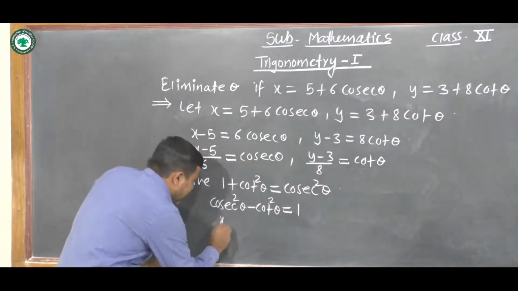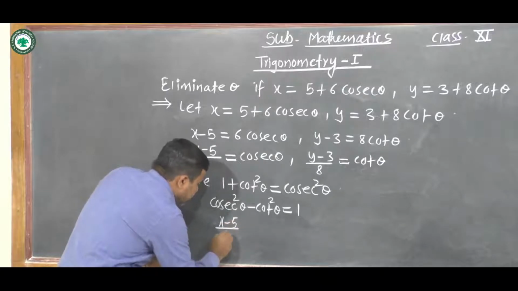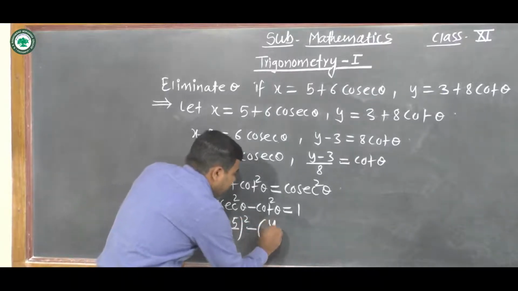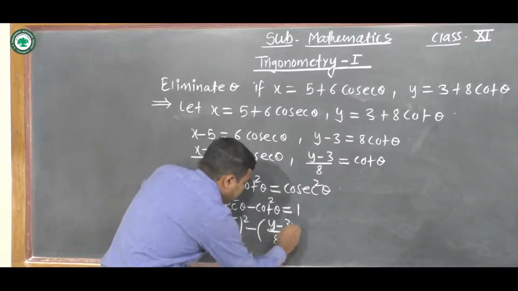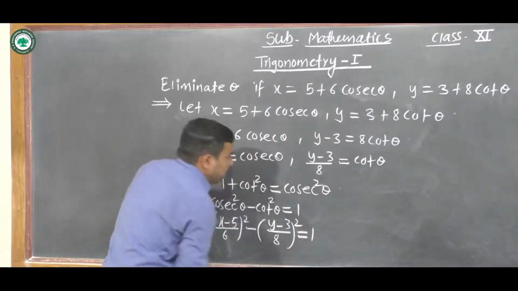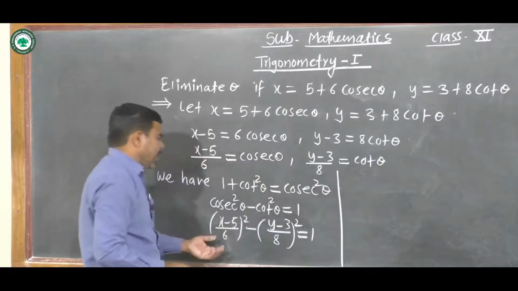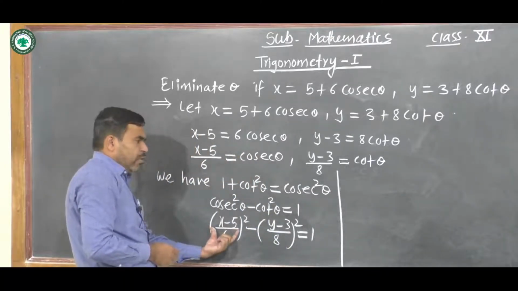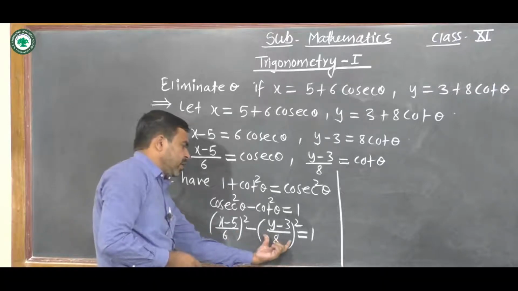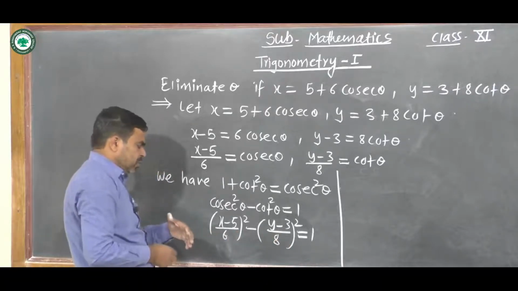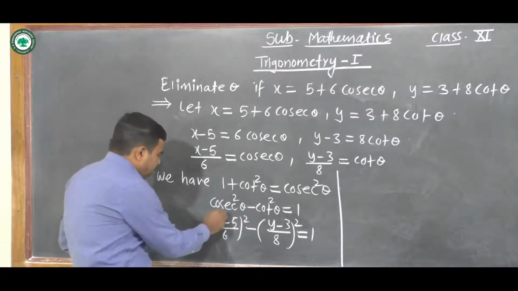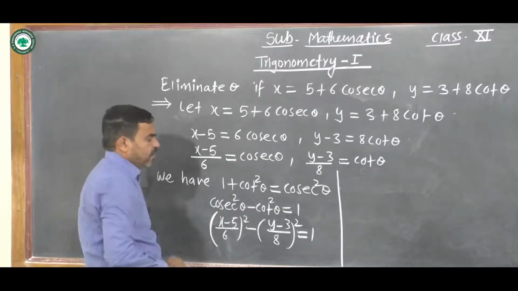So it is ((x minus 5) divided by 6) square minus ((y minus 3) divided by 8) square is equal to 1. You can simplify by taking the square of the first term as well as the second term, but there is no need to expand further here, because we have already eliminated theta from this equation.